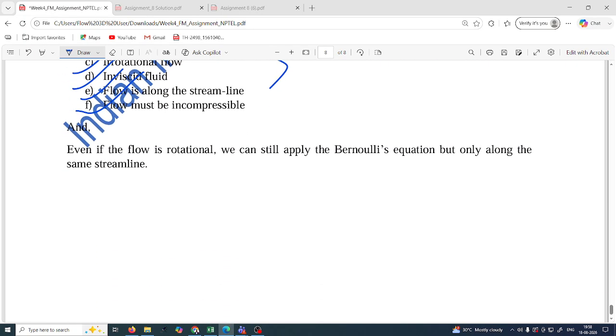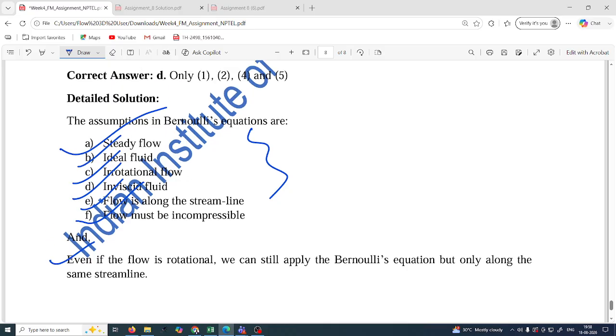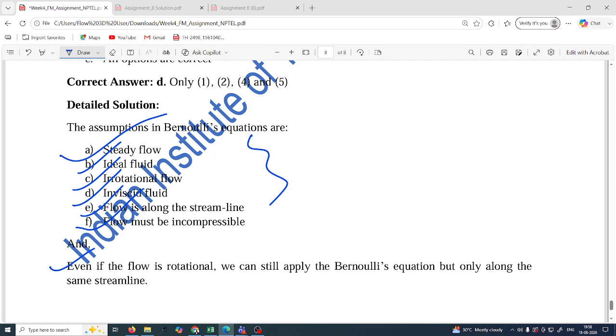One thing is important here: even if the flow is rotational, we can still apply Bernoulli equation, but only along the streamline. If you have flow, maybe all things are satisfied, but there are two types, one is rotational and another is irrotational.